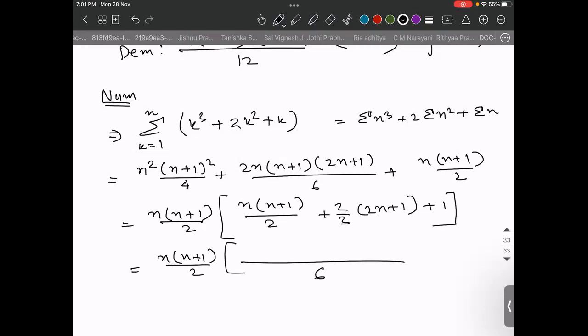And this term will be n square plus n. So what will be the numerator? N square plus n plus here 4n plus 1 plus 2 plus 1. Okay. So this will become 3 times of n square plus 3 times of n plus 4n. What will this be?